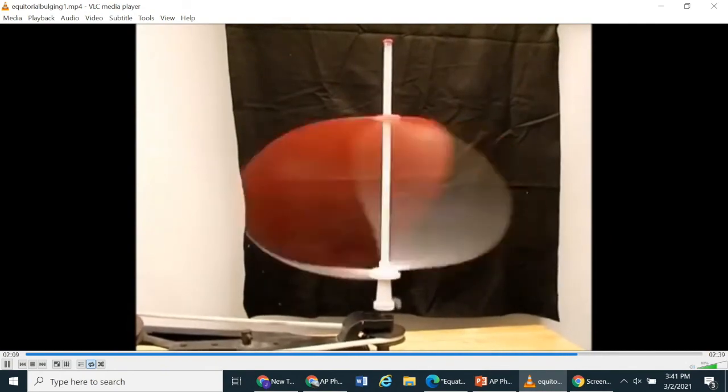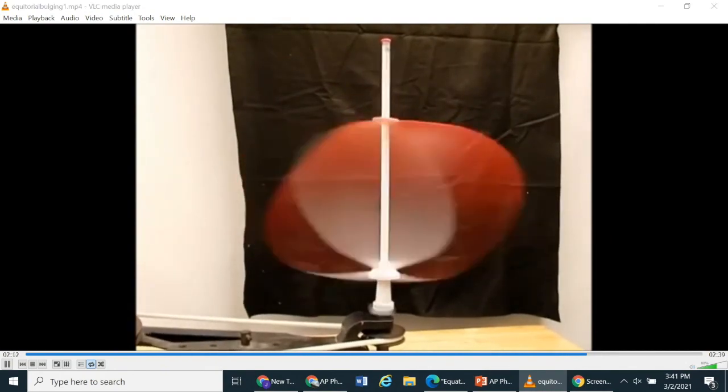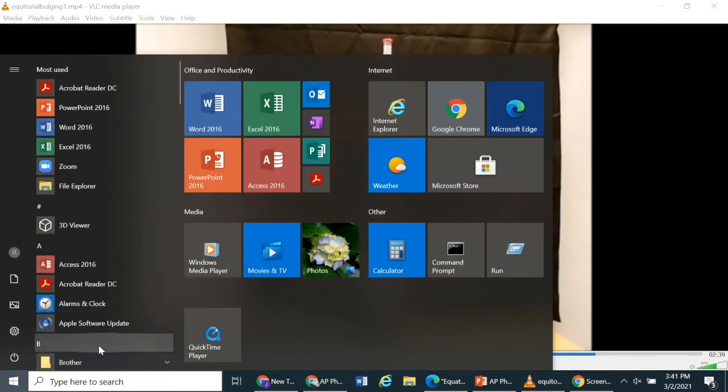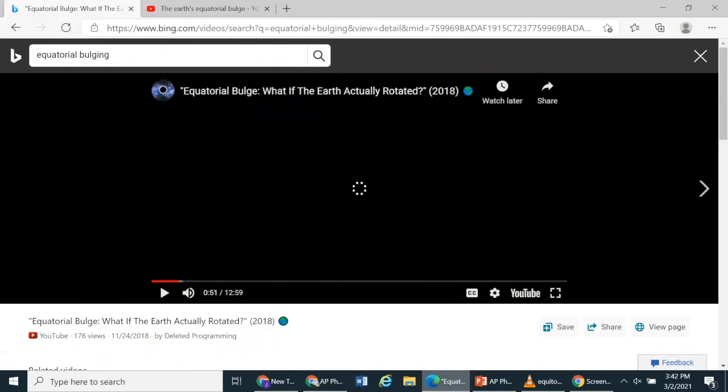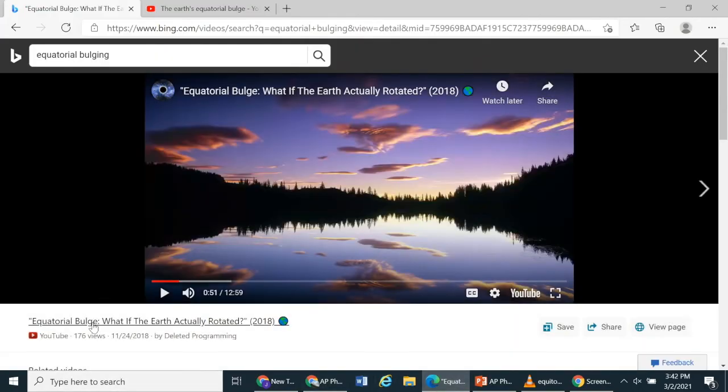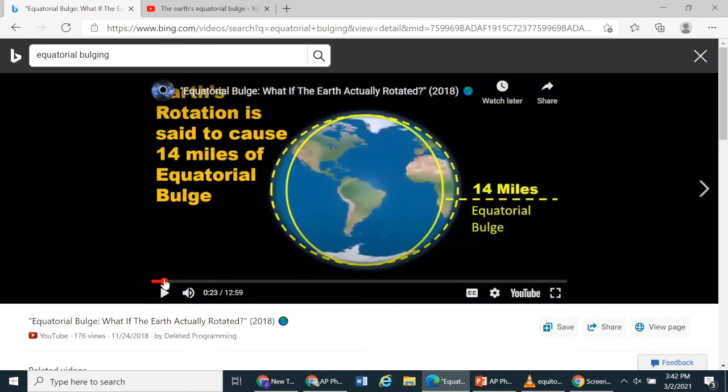Now, I suggest you be careful when you're Googling this, because I used this feature, being able to search things on a Windows computer like this, and I typed in equatorial bulging here and found this result from Bing. And this is a flat Earth video about how the Earth is definitely not rotating because the equatorial bulge would be 14 miles.